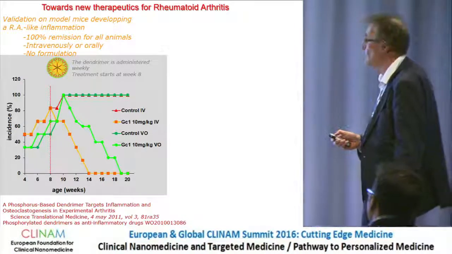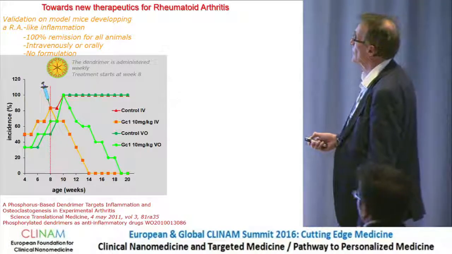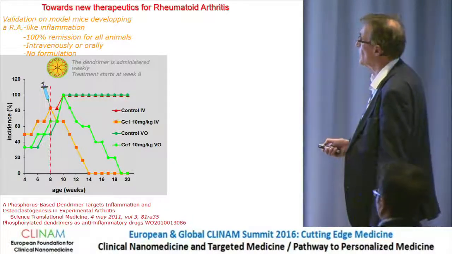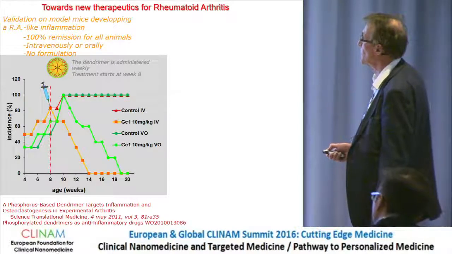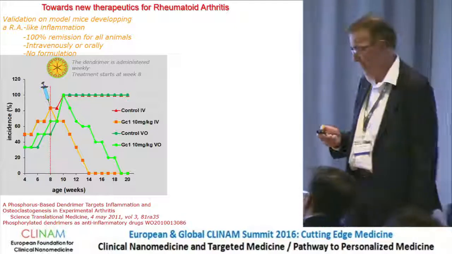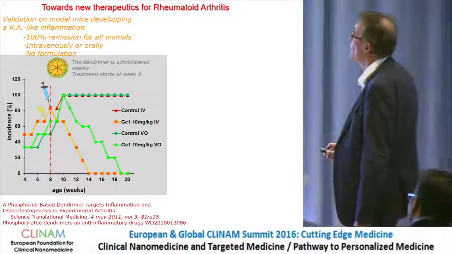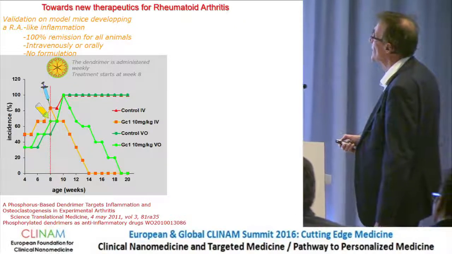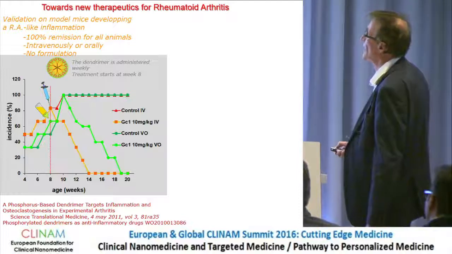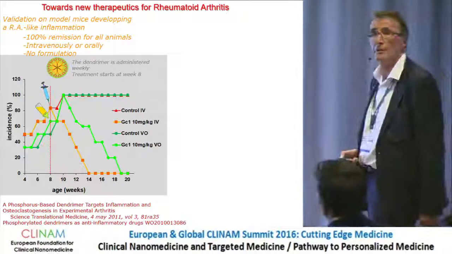When we are using intravenous injection, if you have a look at the yellow curve, you can see that we need 6 weeks to have total remission for all animals. Now, if we are working orally, this is the green curve, we need 5 additional weeks, but anyway, we also have a total remission.